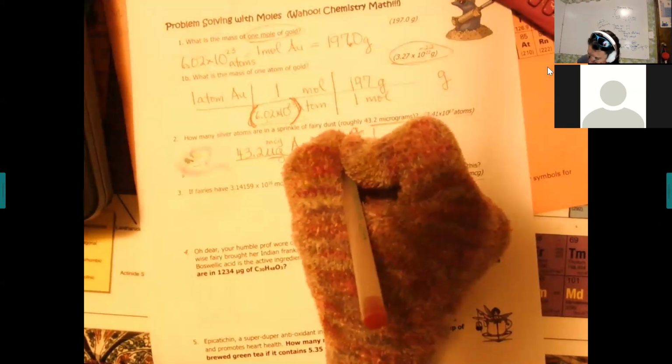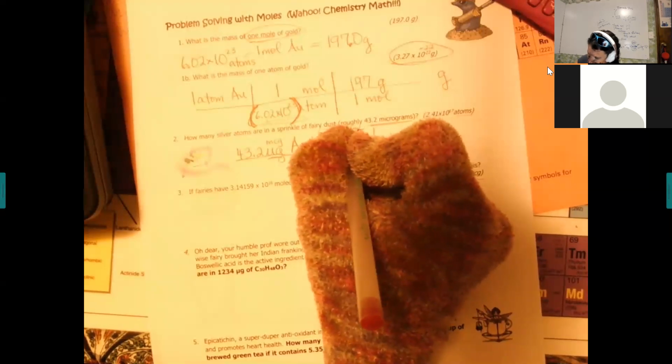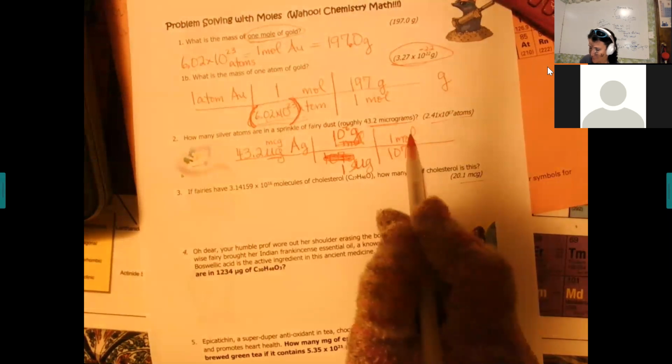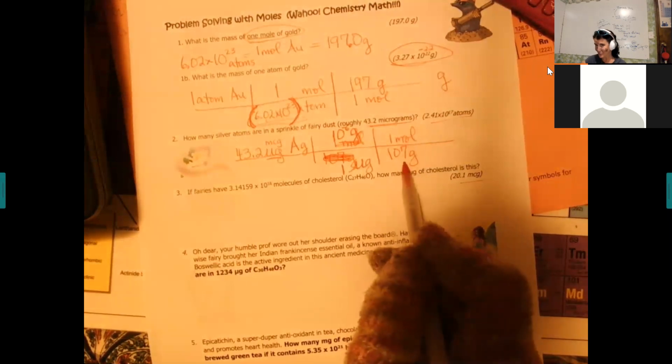So using that chart, 1 microgram would be 10 to the negative 6 grams. So then, the microgram canceled, the gram comes down to the bottom, and we go to moles. Periodic table, the number from the periodic table for silver, I'm sorry, it's 108.